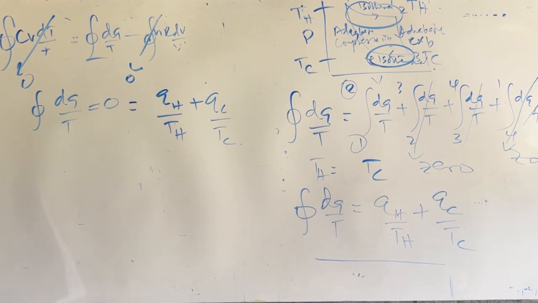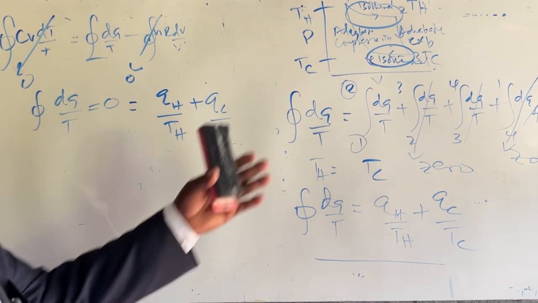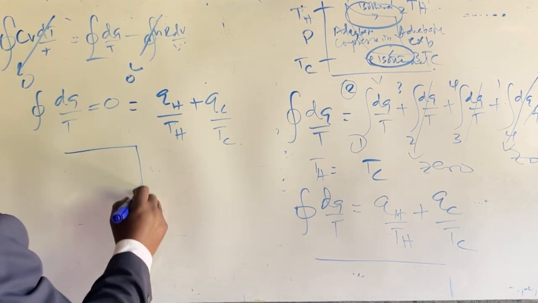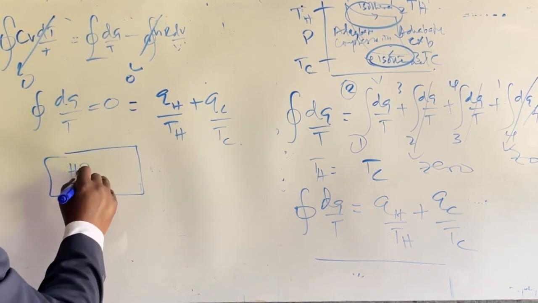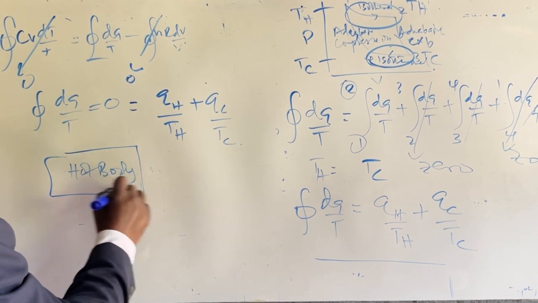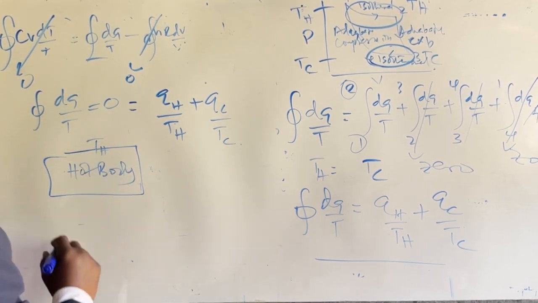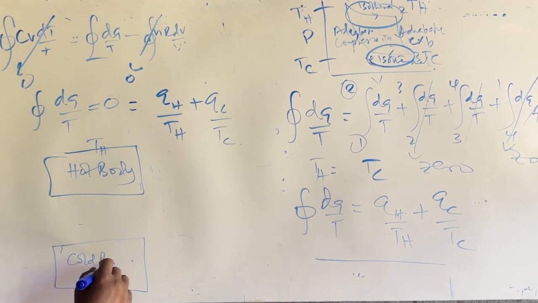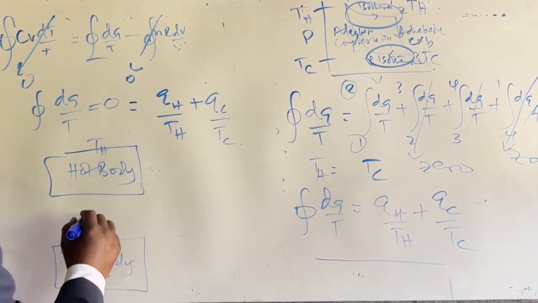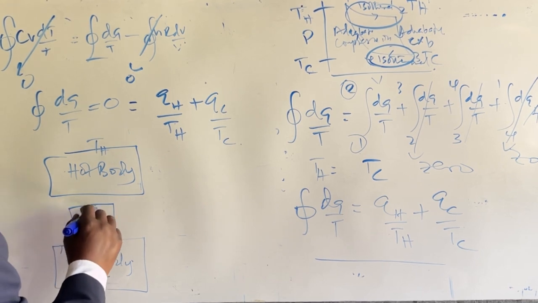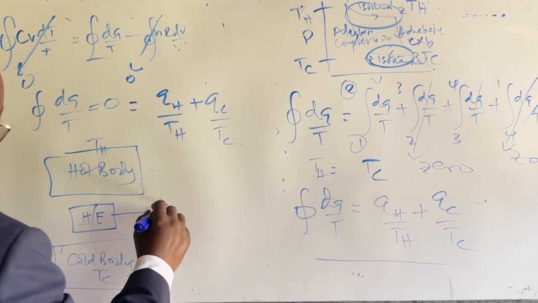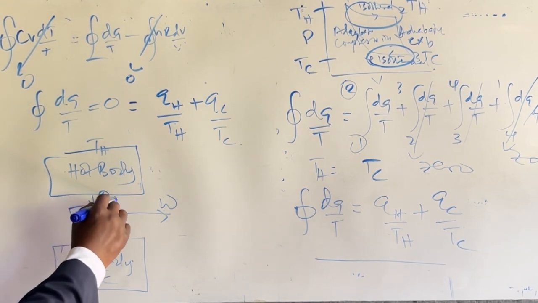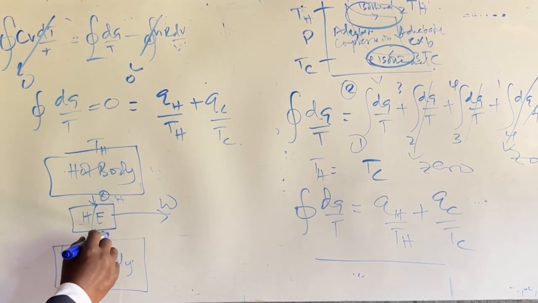Now, when we are dealing with a heat engine, which is the one characterized by the Carnot cycle, we have a hot body or a reservoir at a higher temperature, and we have a cold body or a reservoir at a lower temperature, and we have the heat engine, which does work. So heat will be supplied from the hot body, and heat will be discarded to the cold body.